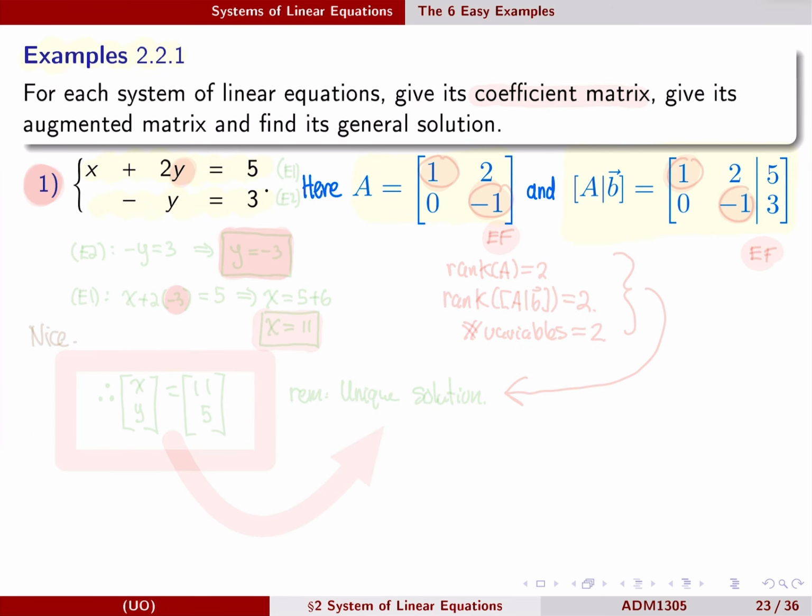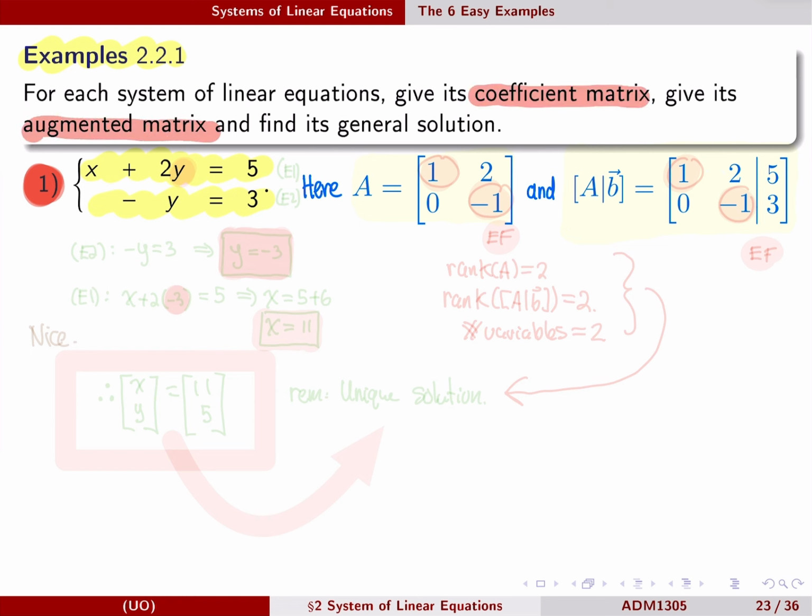For my first example, I have a nice system of 2 linear equations with 2 unknowns: x plus 2y is equal to 5 and minus y is equal to 3. Because we're here, I'm also going to take the time to associate to this system its coefficient matrix and augmented matrix.